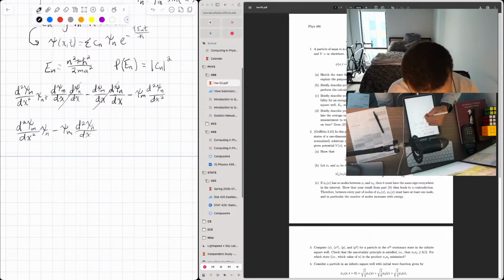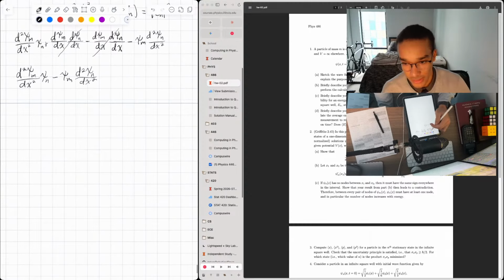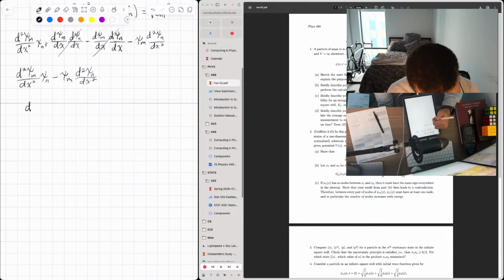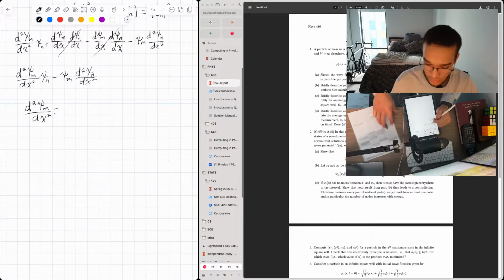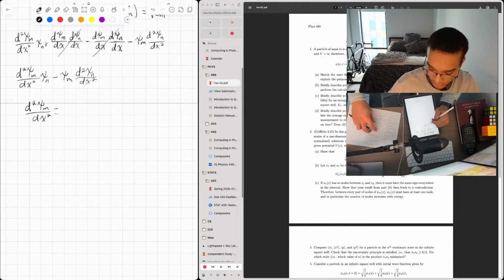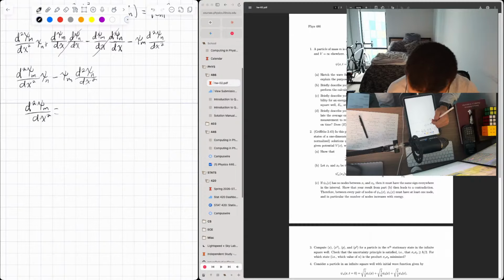But of course we know that d squared psi m over dx squared equals something. This is in the infinite square well, but one-dimensional potential.